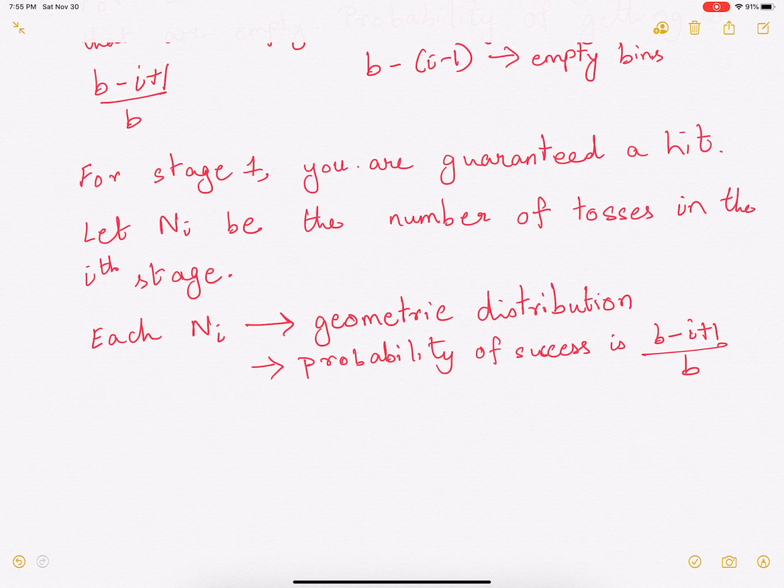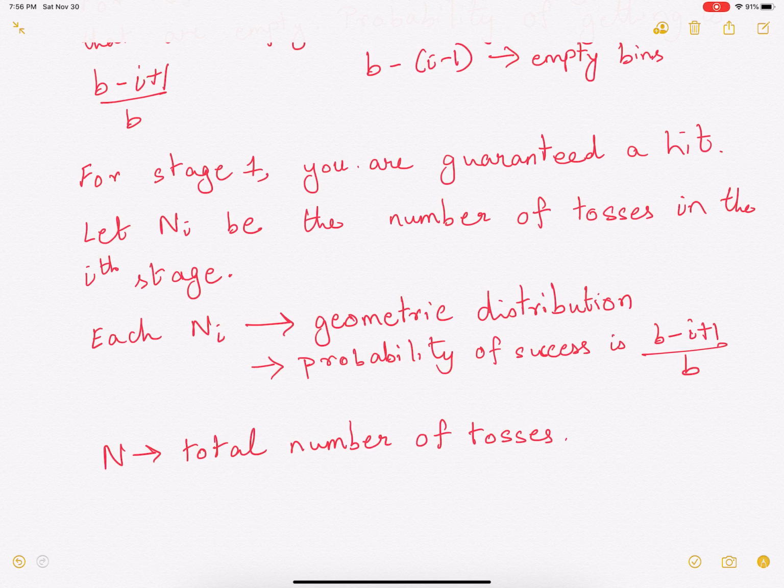So far we have looked at the ith stage, and we have tried to model the number of tosses that you need in the ith stage. Now let n be the total number of tosses. So n is the total number of tosses that you need.